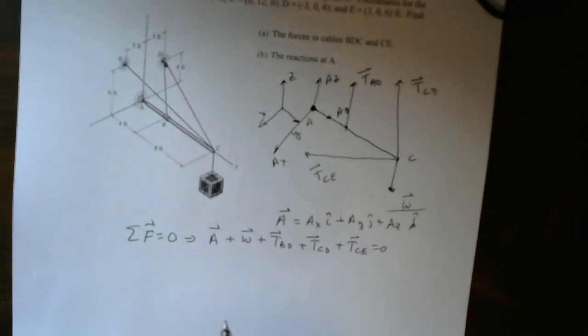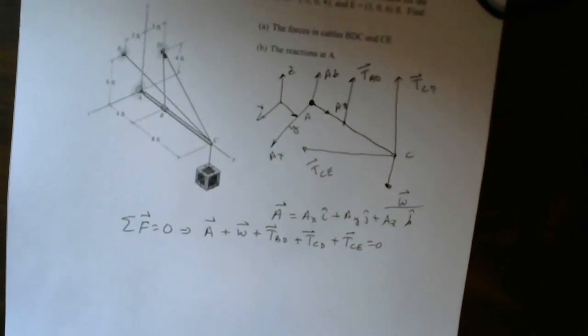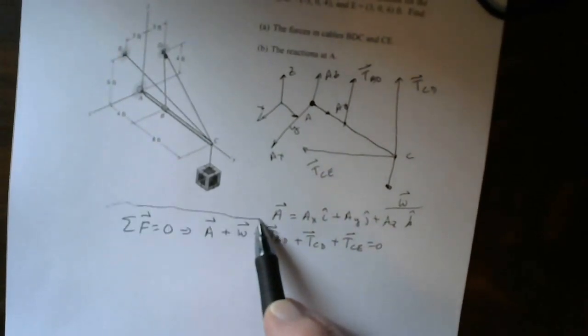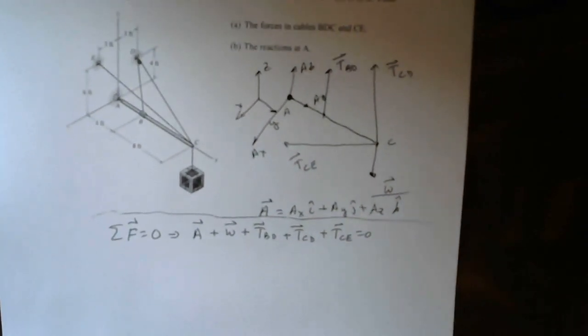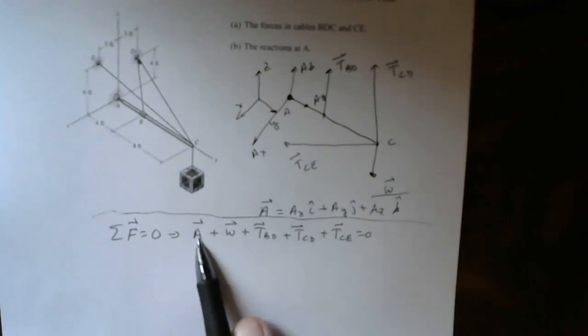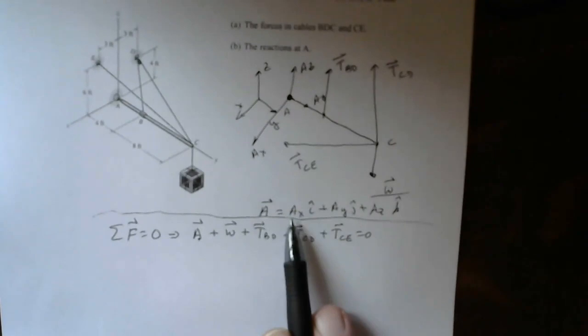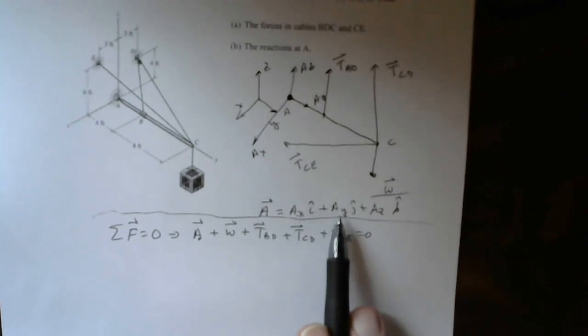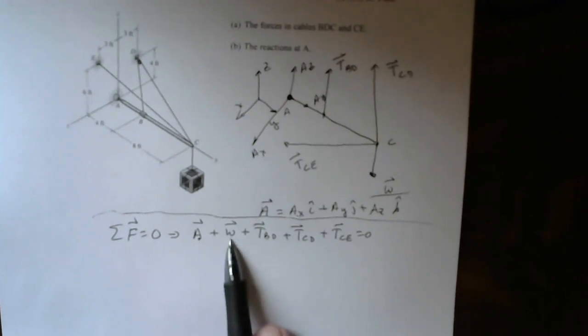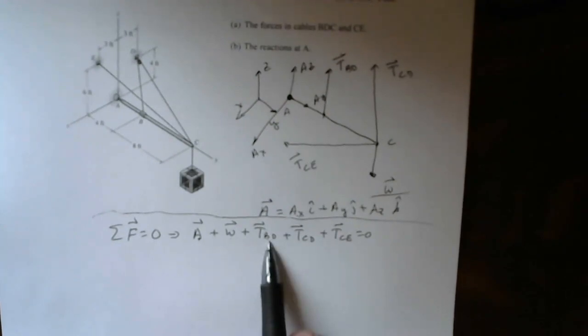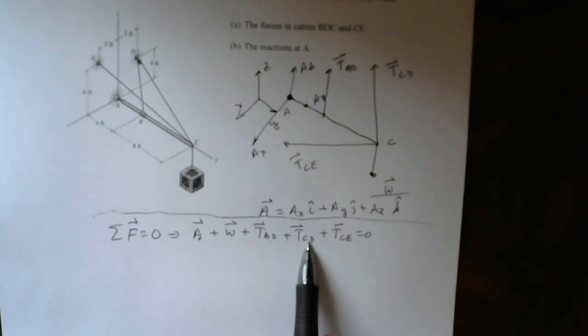Now, before I jump into the force equation, people typically think, well, I'll just do the force equation first and then do the moment equation. But the reason I like to do this is for the following. I look at A. This is a Cartesian vector, so there are three unknowns here: AX, AY, and AZ. The weight I know, that's not an unknown. There's an unknown here, the magnitude TBD, the magnitude TCD.